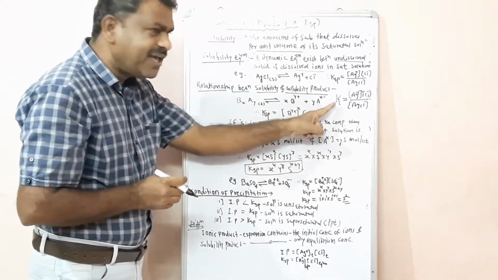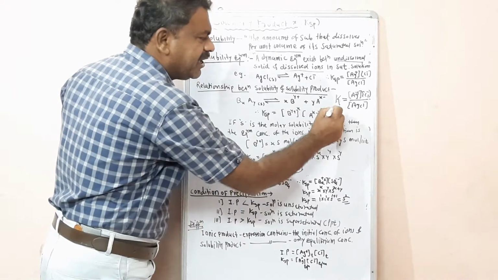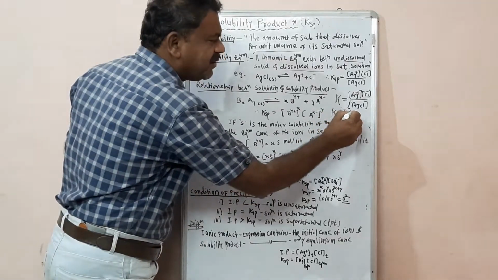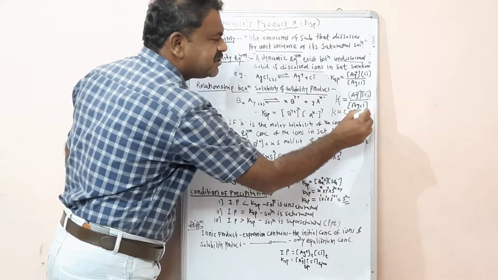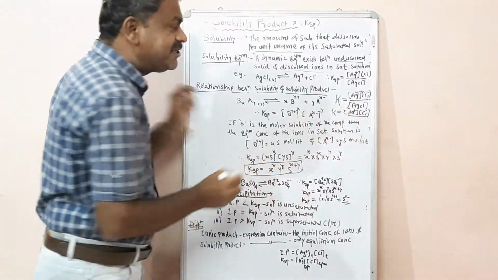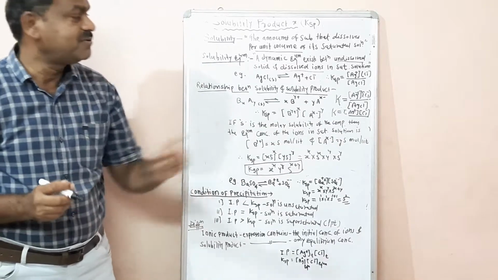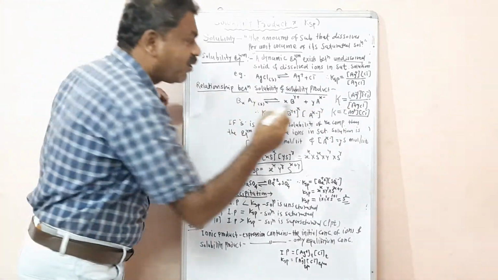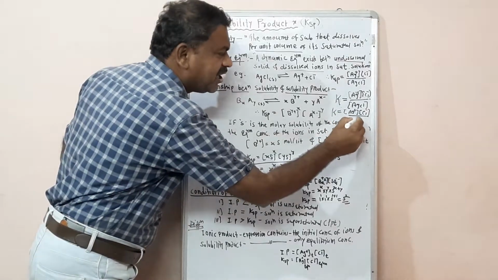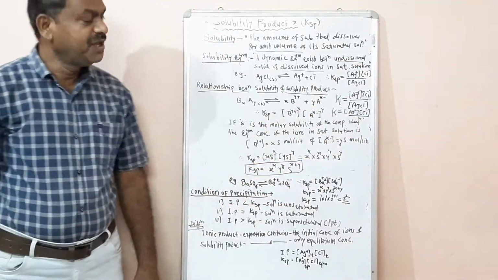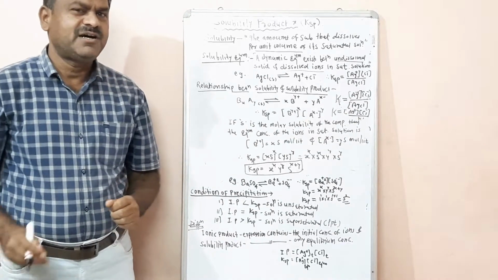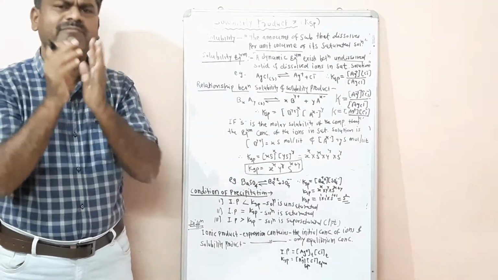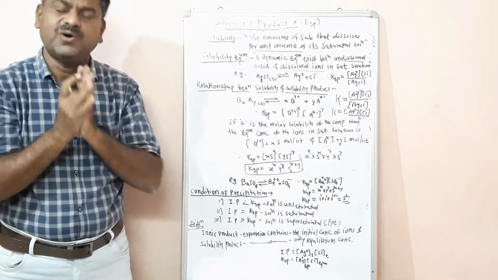Therefore, this equilibrium K is equal to the concentration of Ag plus and the concentration of Cl minus ions, while the AgCl undissolved solid is kept constant. Suppose that is K dash, meaning the undissolved solid, sparingly soluble, with a very small amount dissolved.